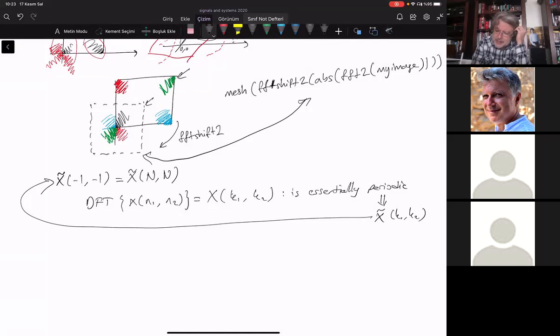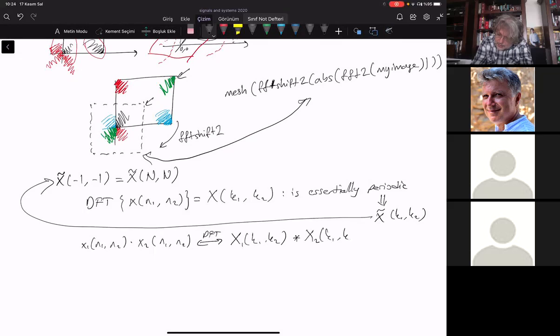But since this is periodic, if you multiply 2 signals, like x1 of n1, n2 times x2 of n1, n2, that would make the DFT correspond to a convolution of X1 of k1, k2 and X2 of k1, k2.